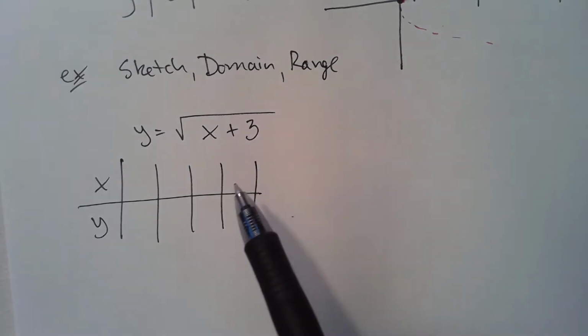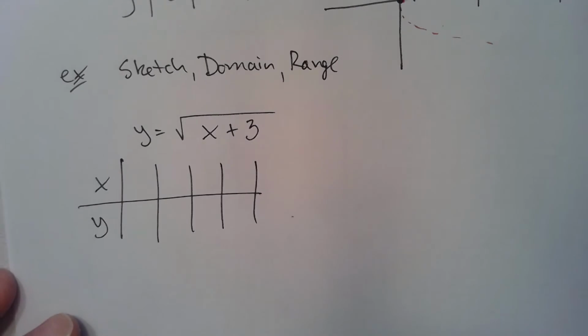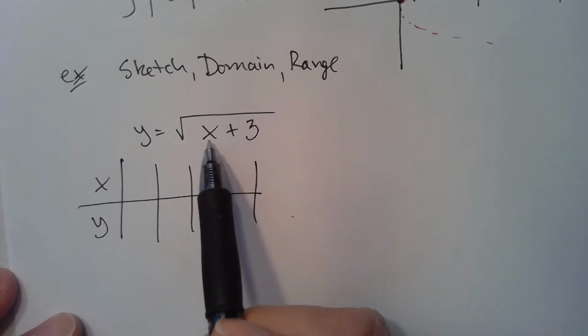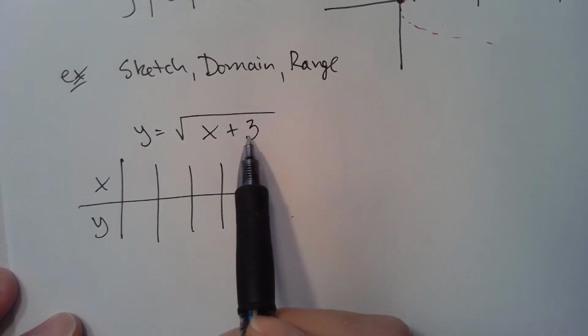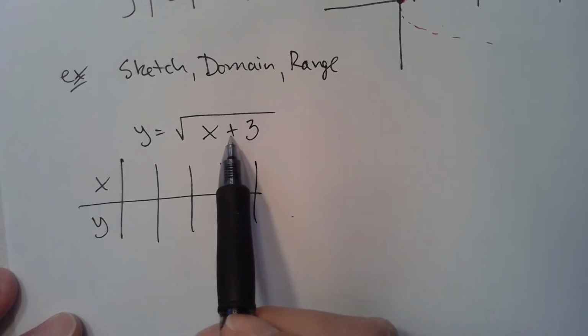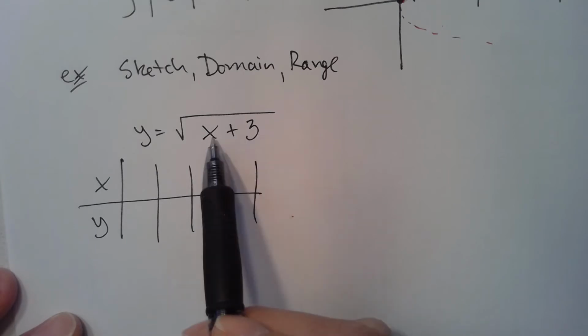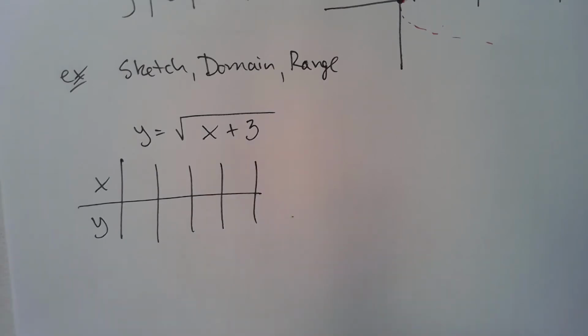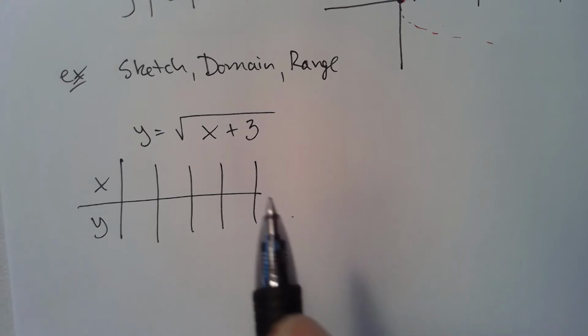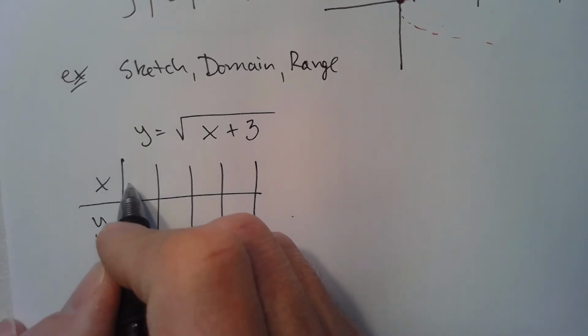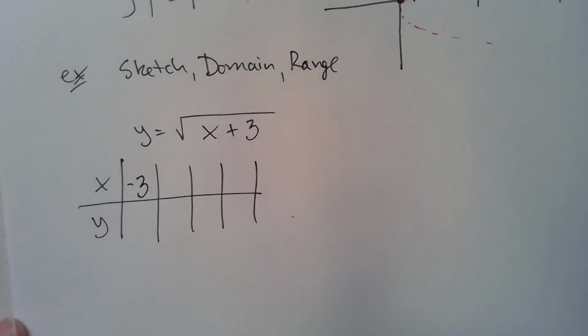What's going to make the inside 0? What number? 0. Well, if I plug 0 in for x, you get 0 plus 3, so that's not 0. So what will be, what when you add to 3 will give you 0? So -3, very good. So we're going to start our x value. Our first point is going to be -3.